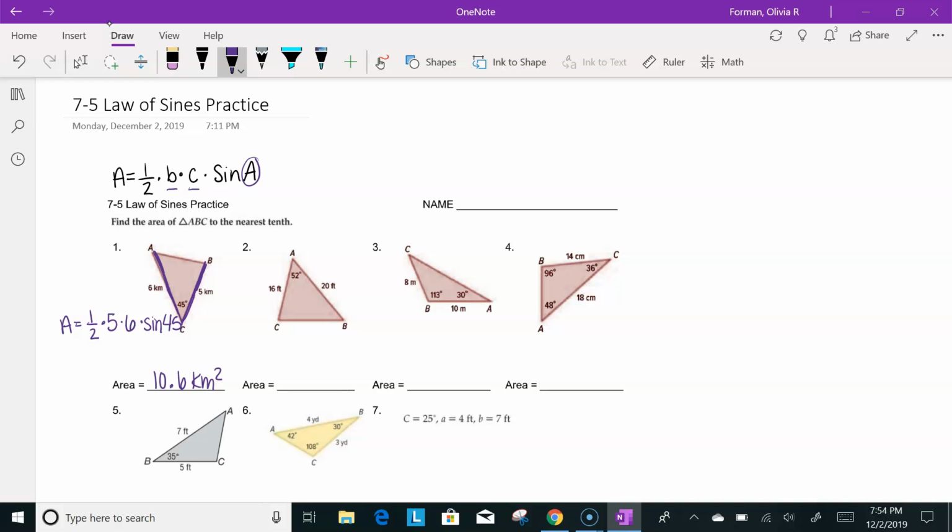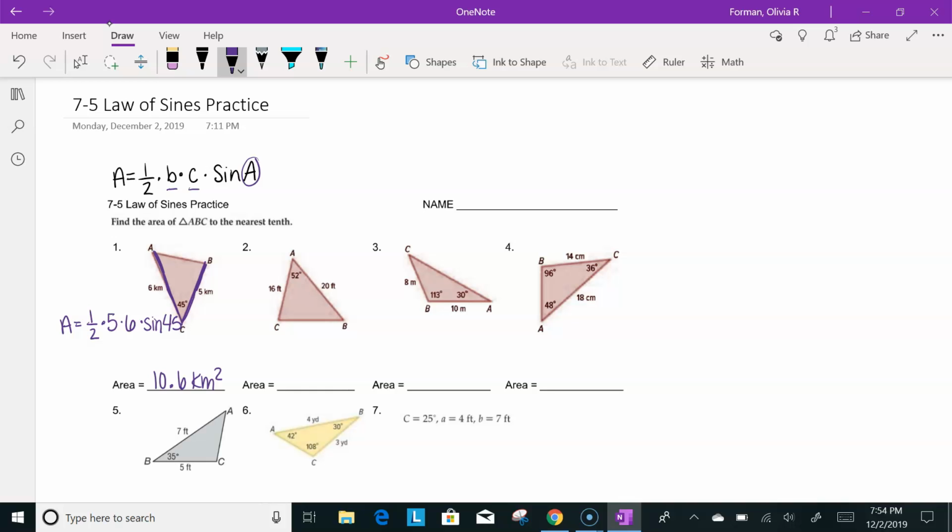Okay, so I just find the 2 sides on either side and use the sine of the angle that I'm given. So the next one, let's just look at this one.